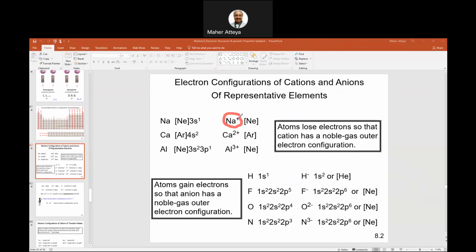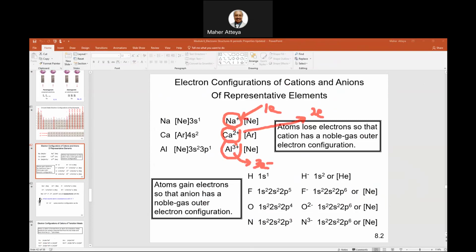So this metal here is a cation. This is another cation. Because it has one positive charge, it lost one electron. This is two positive, so it lost two electrons. This is three positive, so it lost three electrons.